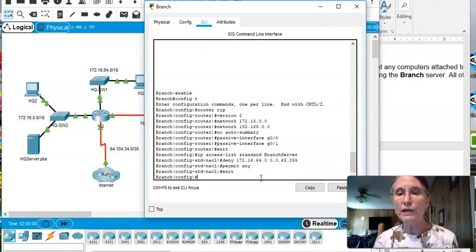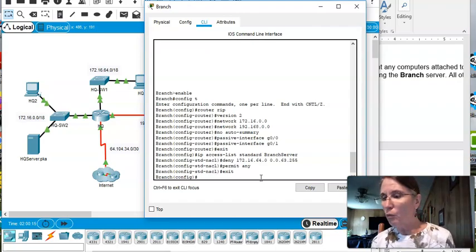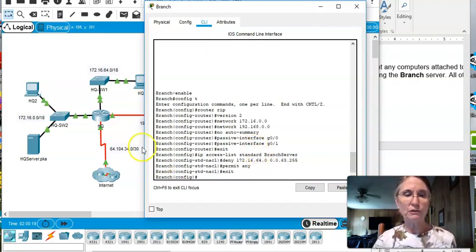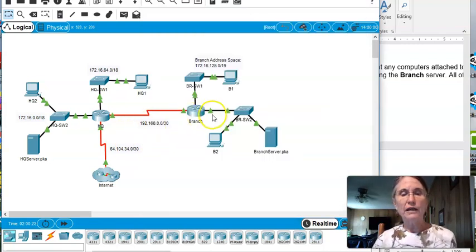ACL. Now we need to apply that ACL to an interface. What interface do we want to apply that to? Well, the guideline is with a standard ACL, you want to apply it as close to the destination as possible.